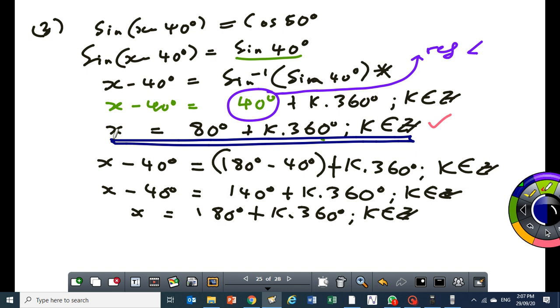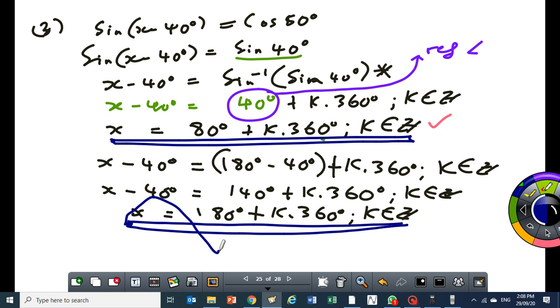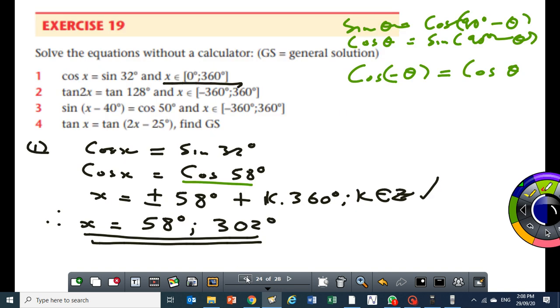This 140 is also a reference angle, because we can use it to find this. So our general solution is this. So we have got our two general solutions. I'm not done, because if you look at the question, I need to find values of x between minus 360 and 360.